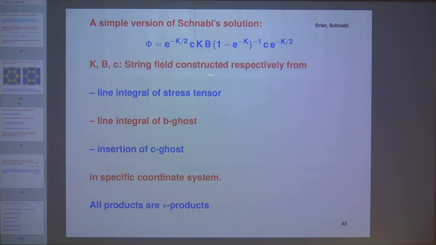In fact, there is a one parameter family of solutions where you put some constant lambda, which lies between 0 and 1, and put some multiplicative factors outside. One can show that the solution is pure gauge for any lambda less than 1, and at lambda equal to 1, it ceases to be pure gauge and it becomes a tachyon vacuum solution. So in some sense, the tachyon vacuum is at the verge of being pure gauge. It's not clear whether this has any deeper significance.